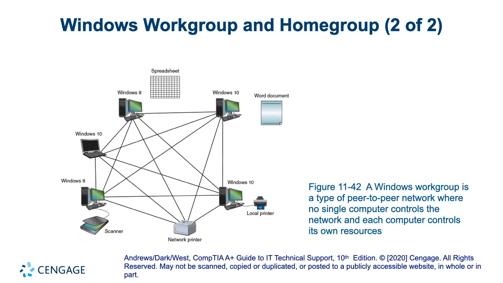And here's an example of a Windows work group where everybody has connections to everybody. If someone on one of the Windows 8 systems needs access to that Word document on the Windows 10 system, they can get access to it, but they have to have a user account on the Windows 10 machine and the Windows 8 machine to be able to access it.